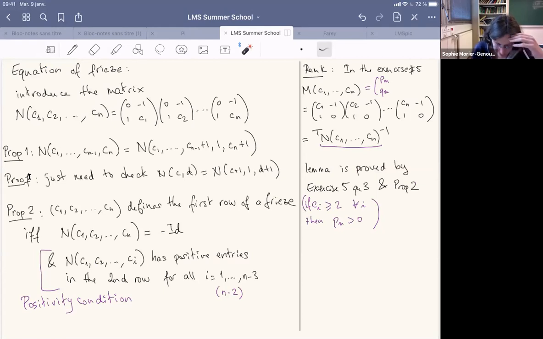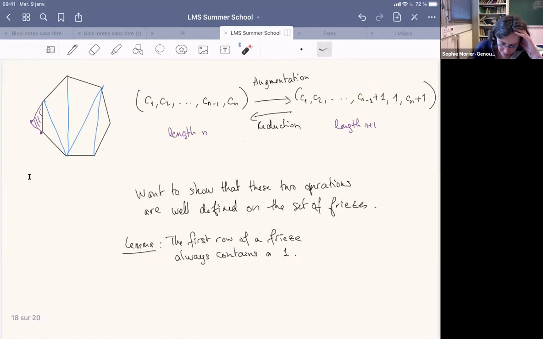I don't know if it's crystal clear for everybody, but what do we have? We wanted to show that this makes sense for the frieze, and it is pretty clear because now if we want a frieze, we want a sequence that satisfies minus identity plus positivity.